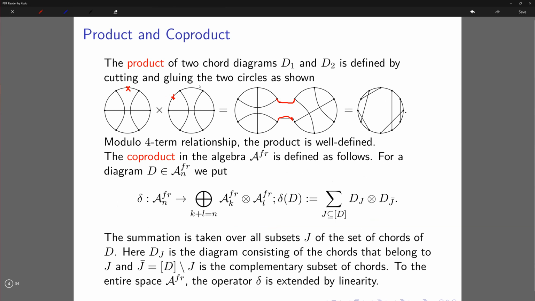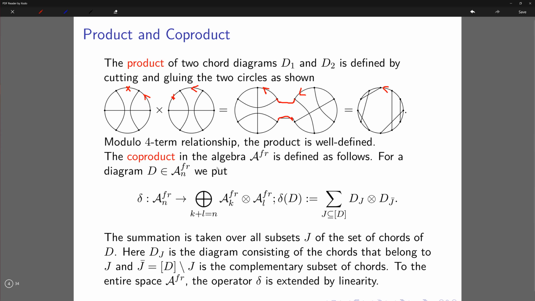And be careful that you need to make sure the orientation remains the same. So you get the product of 2 chord diagrams, and the product is a mapping from A_k tensor A_l to A_{k+l}. And this definition modulo the Fulton relationship is well defined, which means that it's not related to where you cut on the circle.